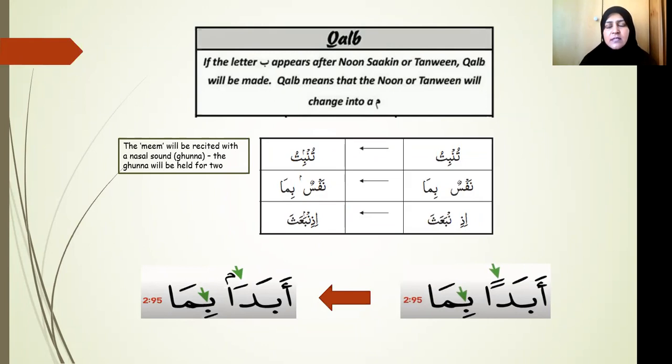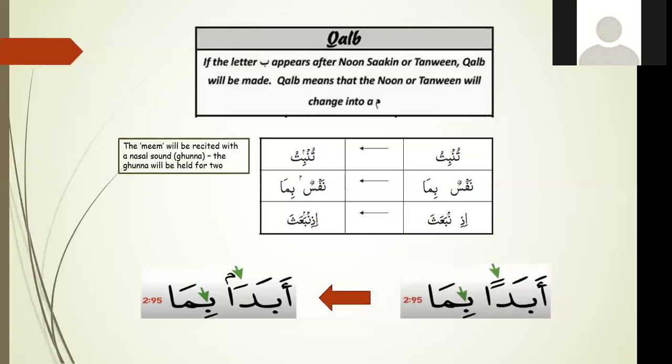Dal is one of the interdental letters, so you have to place your tongue between your teeth, and with a smile, you must say dal. Idhin ba'atha. Would you like to try again? Yeah. Izim ba'asa. Ahsanti. So the noon is nasalized, it goes into your nose as a nasal sound, and you've replaced the noon by a meem.